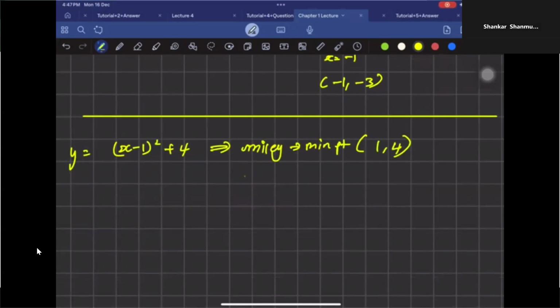So your x-intercept happens when your y is equals to 0. So you gotta do it manually. So when y is equals to 0, you get x minus 1 square plus 4. Oh, sorry, I made a mistake in this question. There should be a minus here, okay? But that does not affect your minimum point, so it remains the same.